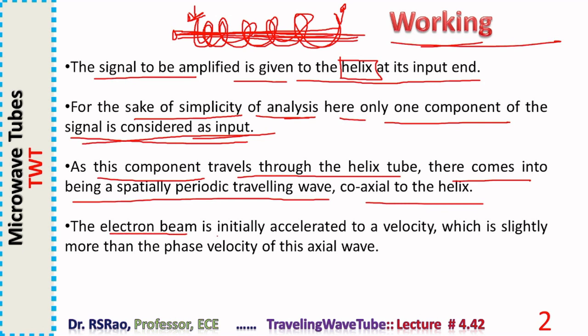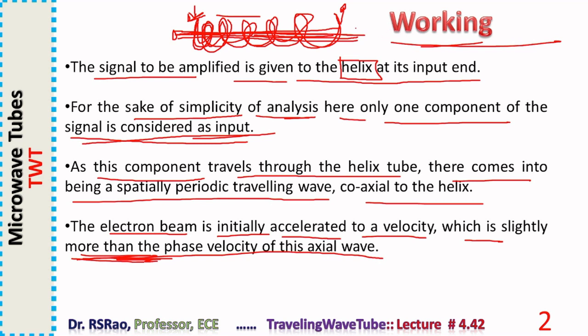The electron beam is initially accelerated to a velocity which is slightly more than the phase velocity of this axial wave. This is an important aspect: slightly more than the phase velocity. The signal travels with a velocity equal to the velocity of light. But as the helix is a slow wave structure, it reduces the phase velocity of the signal along the axial direction to such levels where it is traveling almost with the velocity with which the beam is traveling.